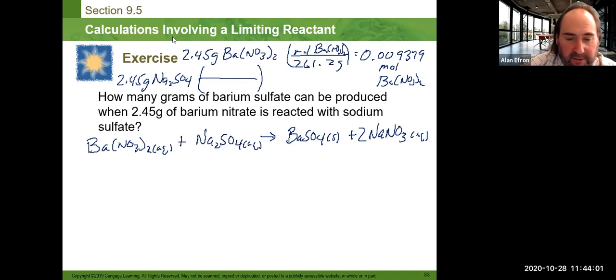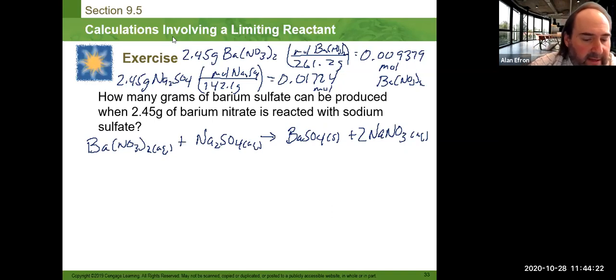Looks like 142.1. And that's going to give us a starting amount of 0.01724 moles of our sodium sulfate. Any questions up to that point?